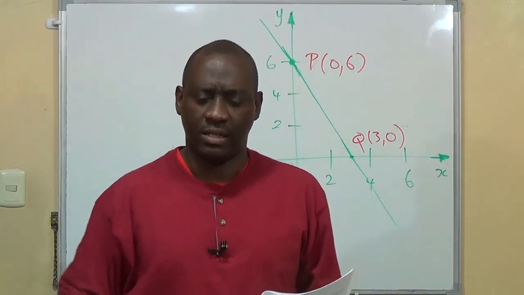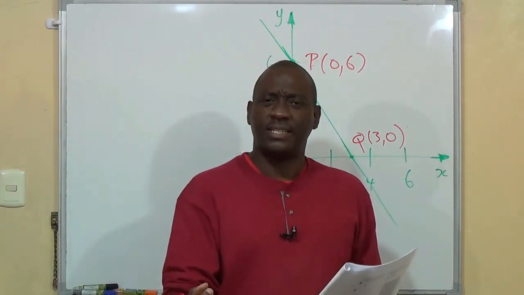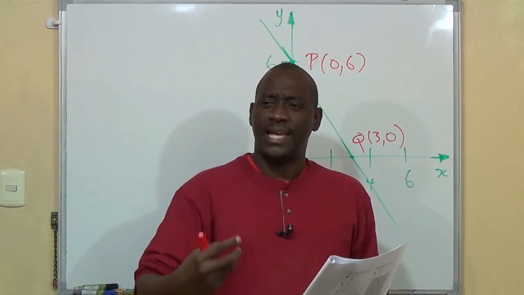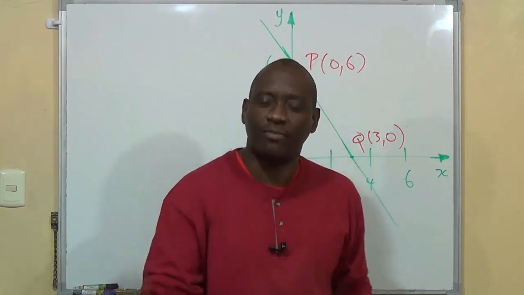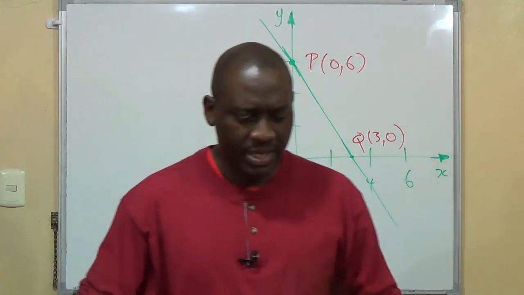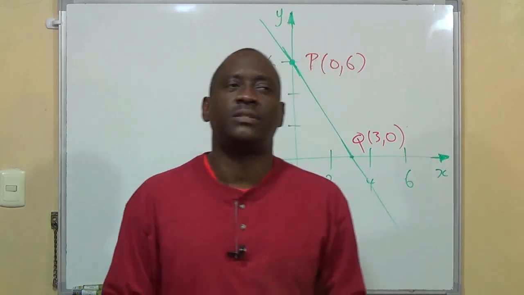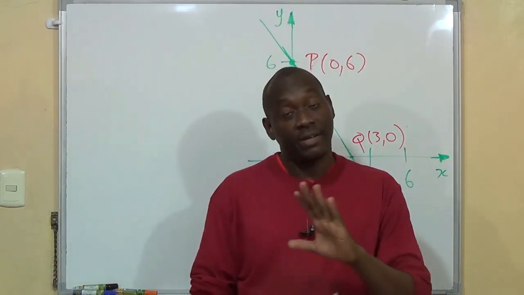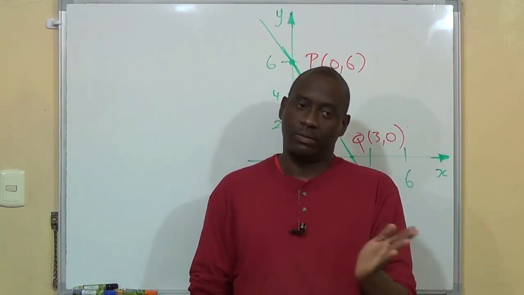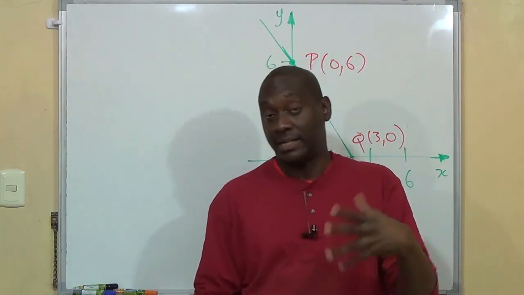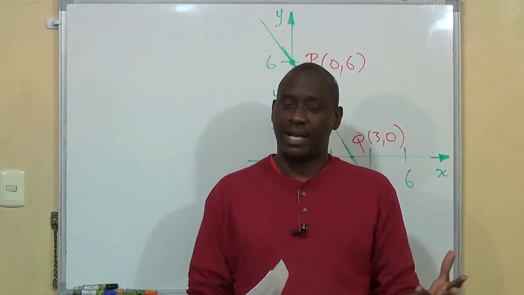And look at the common sense here now. If you have an idea of what a gradient of a half looks like, then you would just orient the line in the opposite direction and you get a gradient of -0.5.